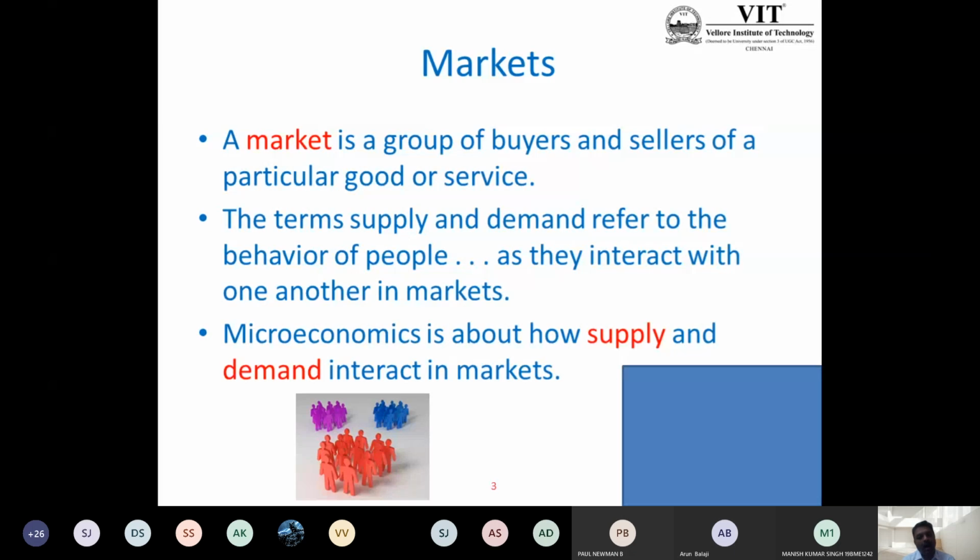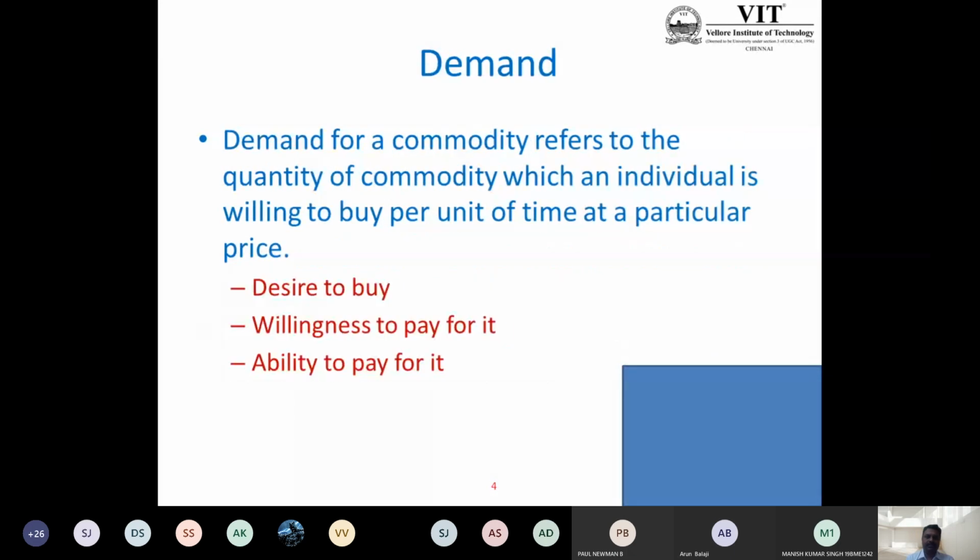Microeconomics is about how this demand and supply interact in the market. The dynamics between demand and supply is the subject matter of microeconomics. Well, having said what is a market, what is demand? The market is governed by demand and supply. That's how we connect market and demand.